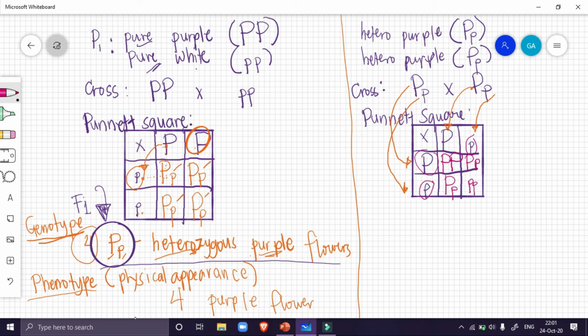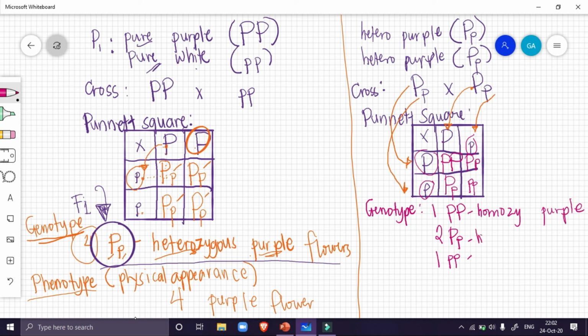So, let us identify the genotype. So, meron tayong capital P, capital P, meron tayong capital P, small p, and small p, small p. So, ilan to? We have 1. Ito naman, 2. Ito, 1 din. This is homozygous purple.